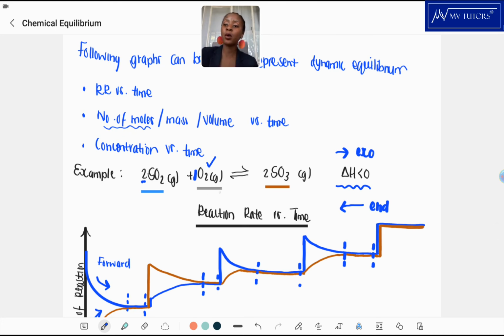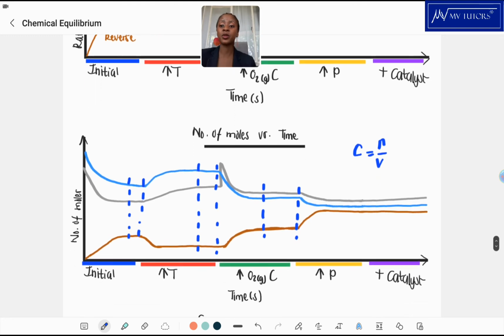We have 3 moles here on the reactant side, and we have 2 on the product side. So the forward reaction will be favored. So your product will increase. We're expecting the product to increase, and we can see that with the number of moles, they are increasing, okay? And your reactants will decrease, okay, because they are not favored until we reach a point of equilibrium, okay? So we reach a point of equilibrium.